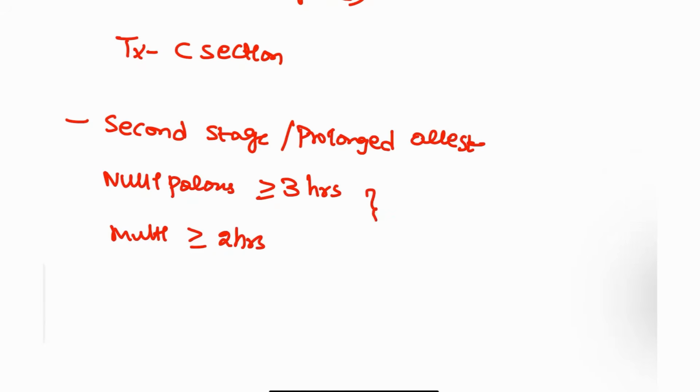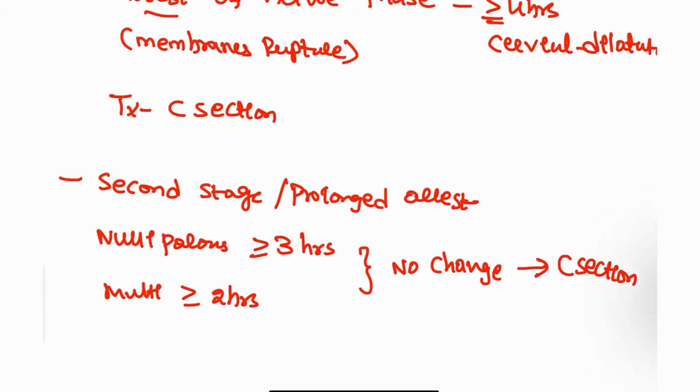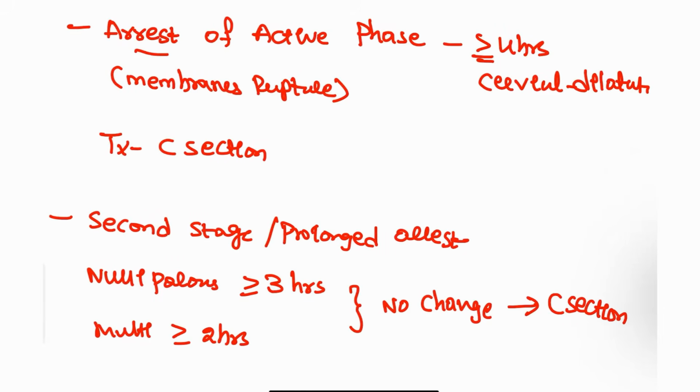Then also we can go for the cesarean section for this patient. This is what we are going to proceed with as per the patient's associated condition. Next, what about the management of the labor?